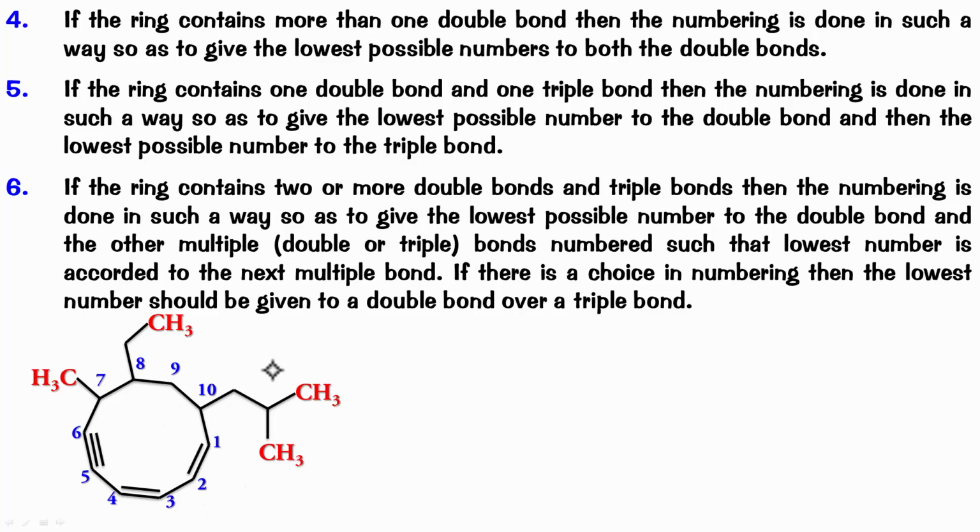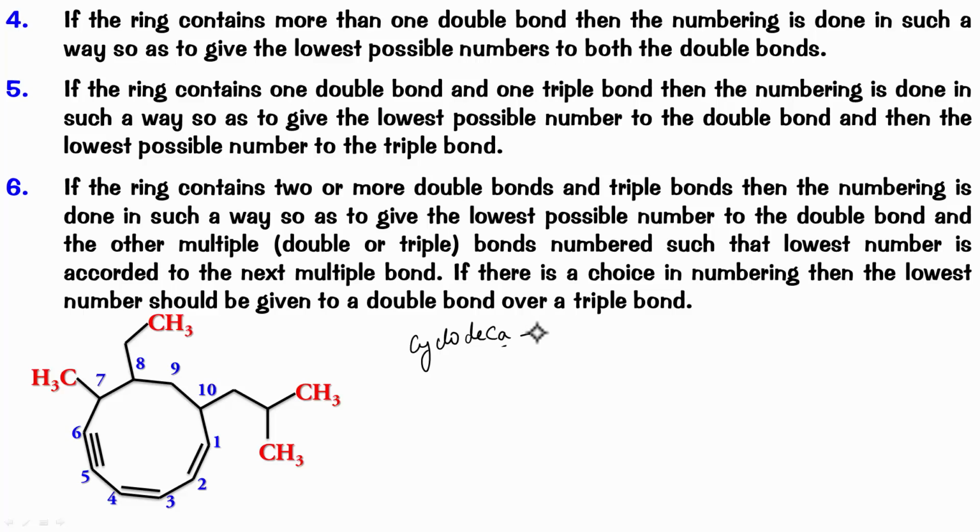Now forget all the substituents. Now just look at the ring. It is cyclodeca, and the reason I'm using the deca 'a' is because there are more than one double bond.